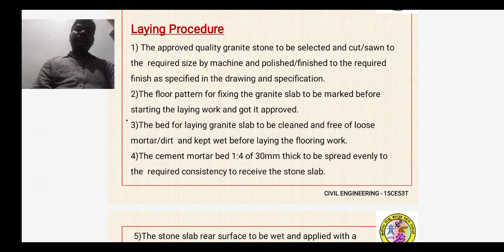Third, the bed for laying the granite slab is to be cleaned and freed of loose mortar and kept wet before laying the flooring work. A cement mortar bed of 1 to 4, 30 mm thick, is to be spread evenly to the required consistency to receive the stone slab.